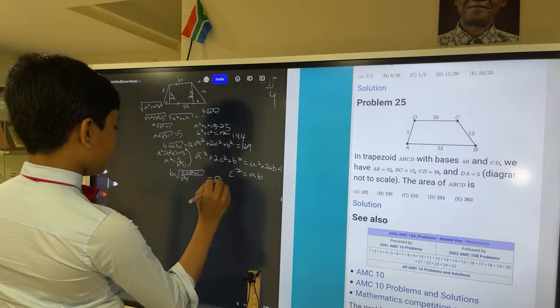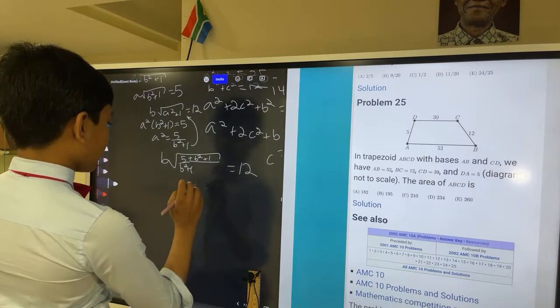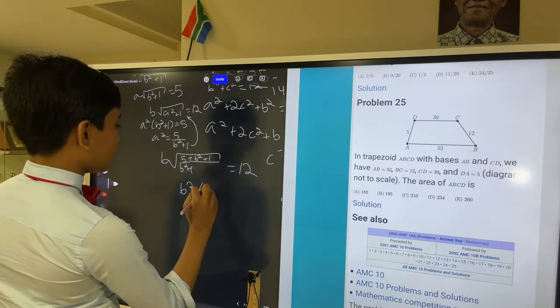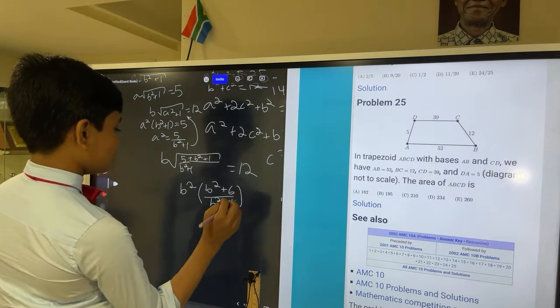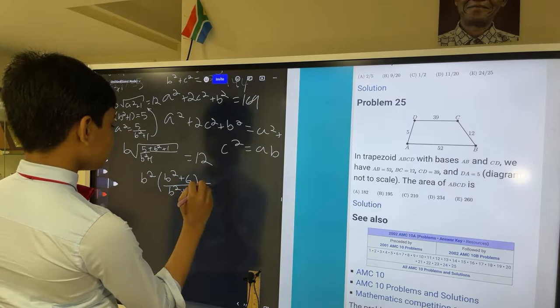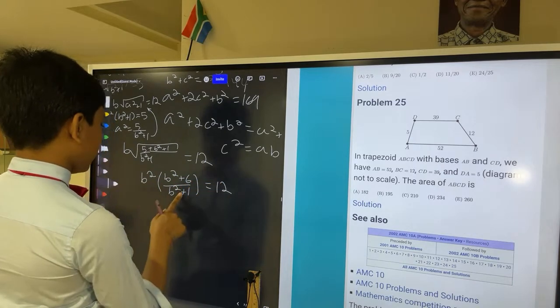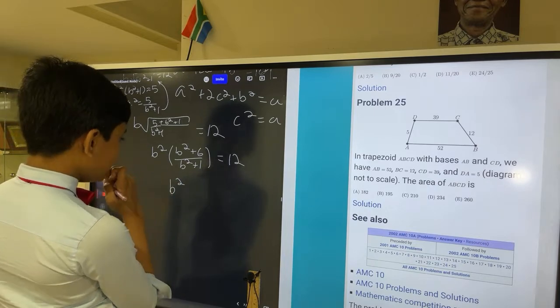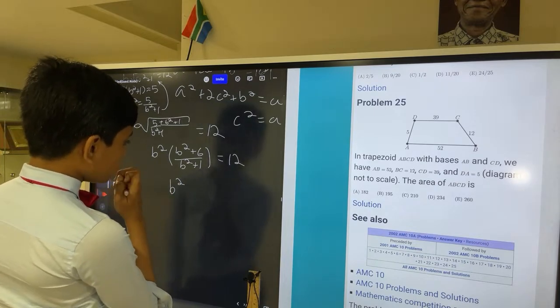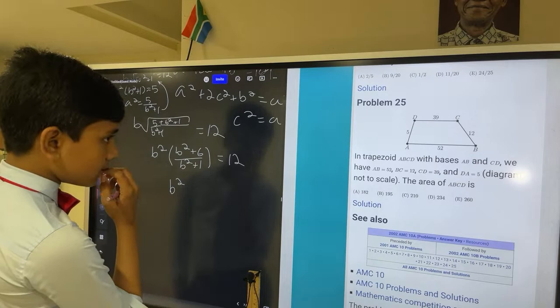It's equal to 12. Then obviously the only way we're getting out of here alive is b squared times (b squared plus 6) over (b squared plus 1), and this is equal to 12.